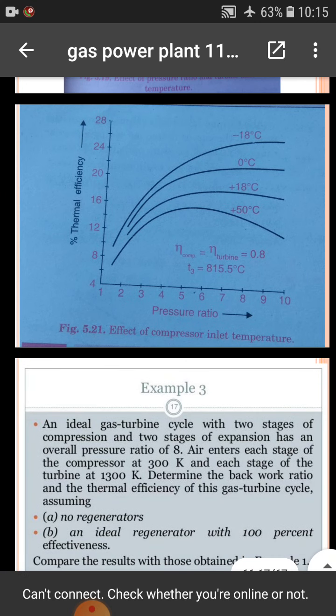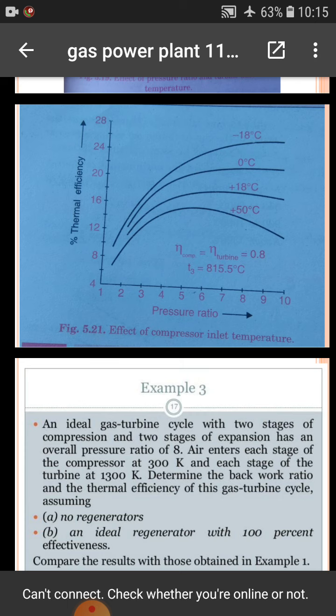Example 3. An ideal gas turbine cycle with two stages of compression and two stages of expansion has an overall pressure ratio of 8. Air enters each stage of the compressor at 300 Kelvin and each stage of the turbine at 1300 Kelvin.